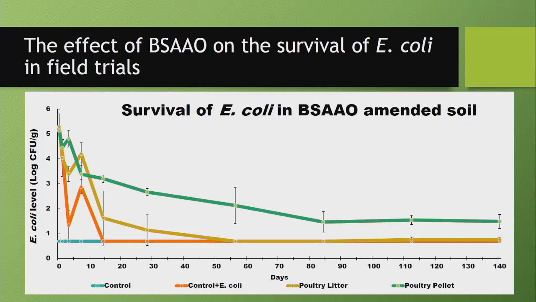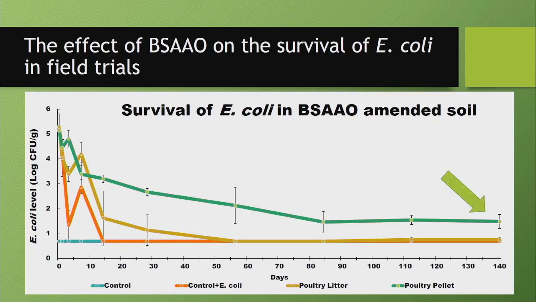So something interesting is going on here with our heat-treated poultry pellets, and we're not sure exactly what that was about, but it happened consistently through 2 years of the study and at both locations, where we were actually getting some continuing persistence of our E. coli in these amended soils.